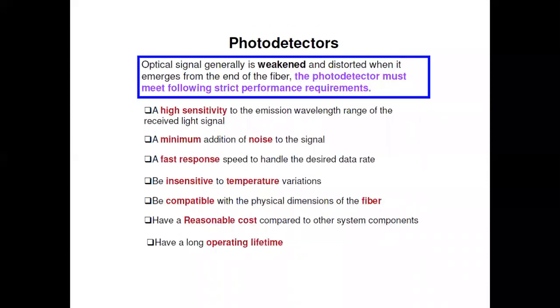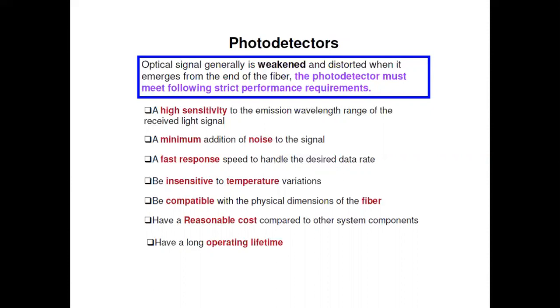Now, the optical signal generally is weakened and distorted when it emerges from the end of a fiber, like in fiber optics. The photodetector, that is why, needs to meet certain performance requirements. It needs to have high sensitivity to the emission wavelength range of the received light signal, and a minimum addition of noise.